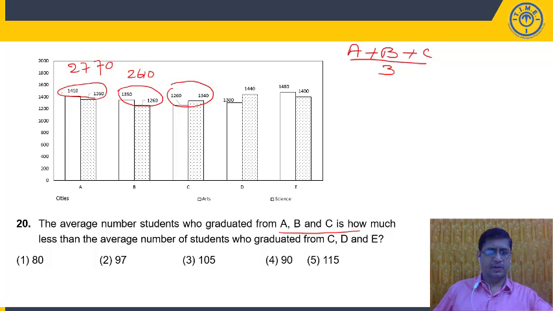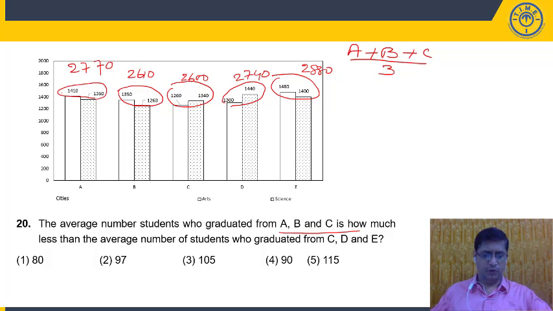And what about this one? 2600. And the sum of these two, it is 2740 and it is 2880. Now what we need to find?